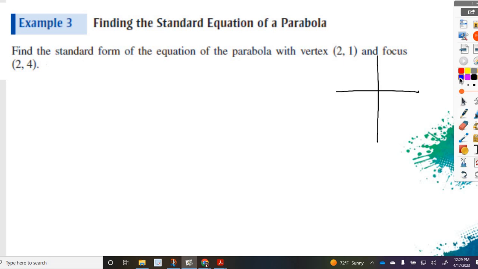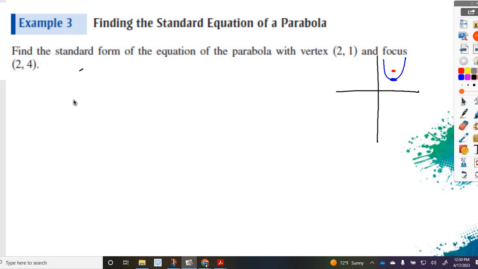First one, 1. And then our focus is at 2, 4, so is that left, right, up, or down from our vertex? Which also means that our parabola has to open up.